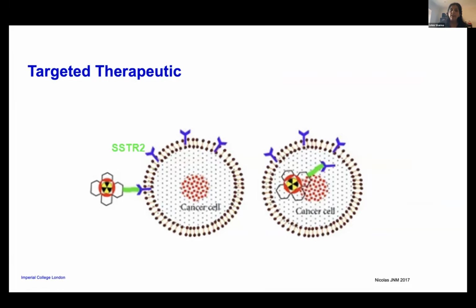What we can then do is, instead of a short-acting radiation, use a longer-acting radiation, such as lutetium. That entire compound of lutetium stuck to the somatostatin analog binds to the receptor. It's then taken into the cancer cell, where it causes cell death. So essentially, you're delivering a very high dose of targeted radiation directly to the cancer cell.